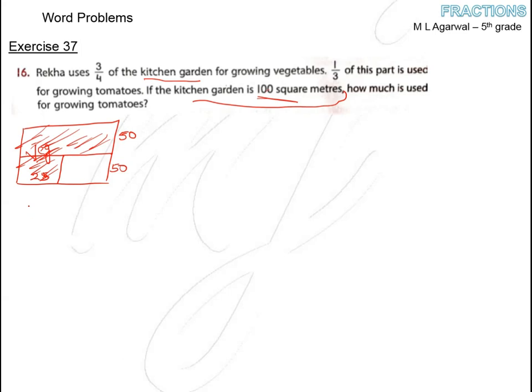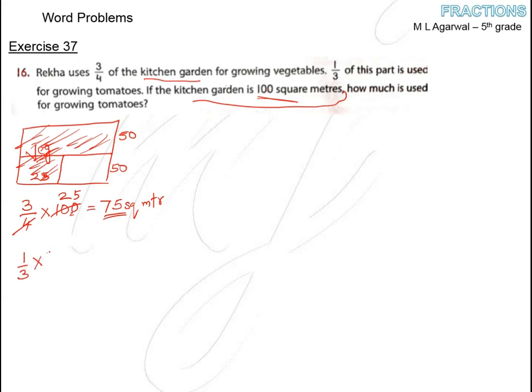Let us do it by solving it. So when I say 3/4 of my kitchen garden, where the kitchen garden's area is 100, I can divide this by 4. 2 4s are 8, 2 carry over, 4 5s are 25, 3s are 75 square meters. Okay, for growing vegetables. Now they are saying 1/3 of this part is used for growing tomatoes. So 1/3 of this part means which is this part now? 75.